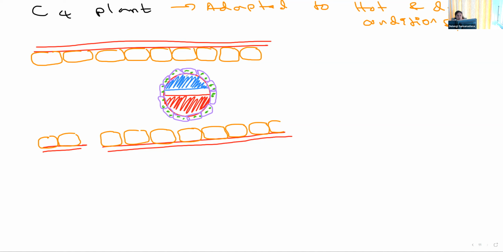And then I'm going to draw the mesophyll cells. There are no two types of mesophyll cells, you have only mesophyll cells. But they're just going to be arranged towards the bundle sheath cells. So I'm going to draw the mesophyll cells clustered around the bundle sheath cells.